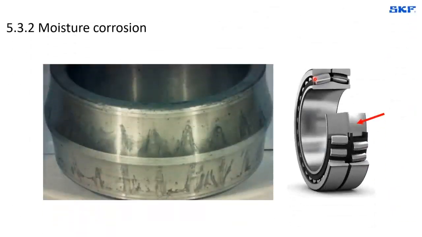Moisture corrosion. This is, for some industries, I would say, a classic. We can think of the paper making industry, where there are a lot of areas with a lot of water.